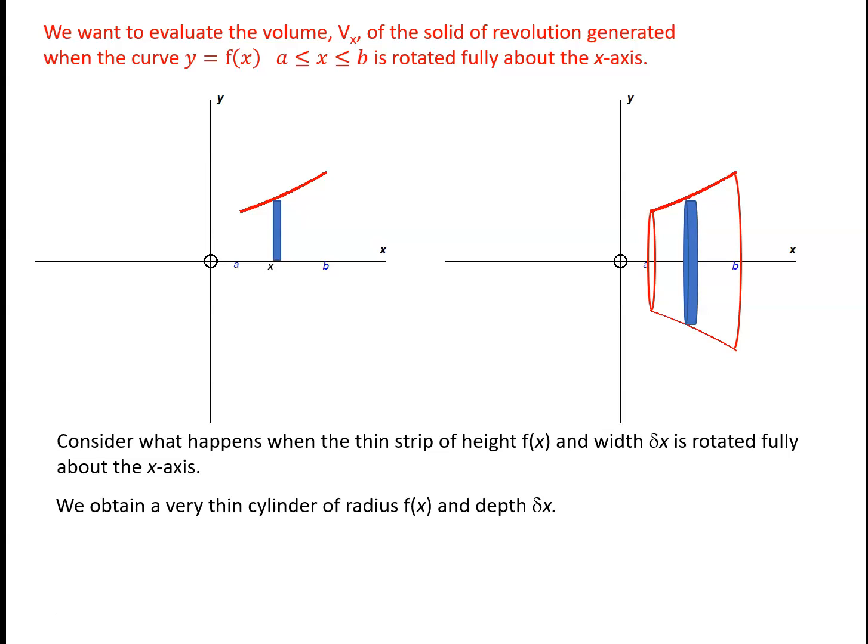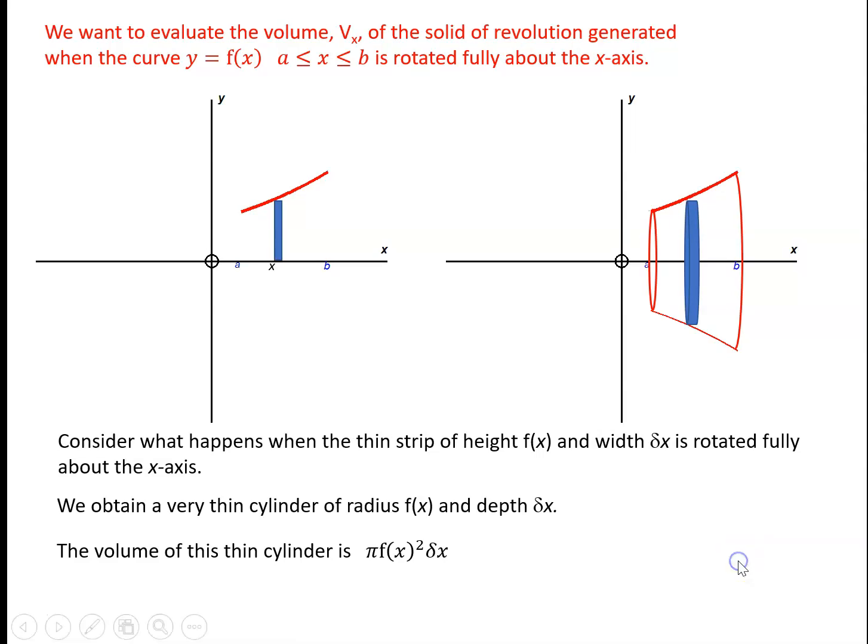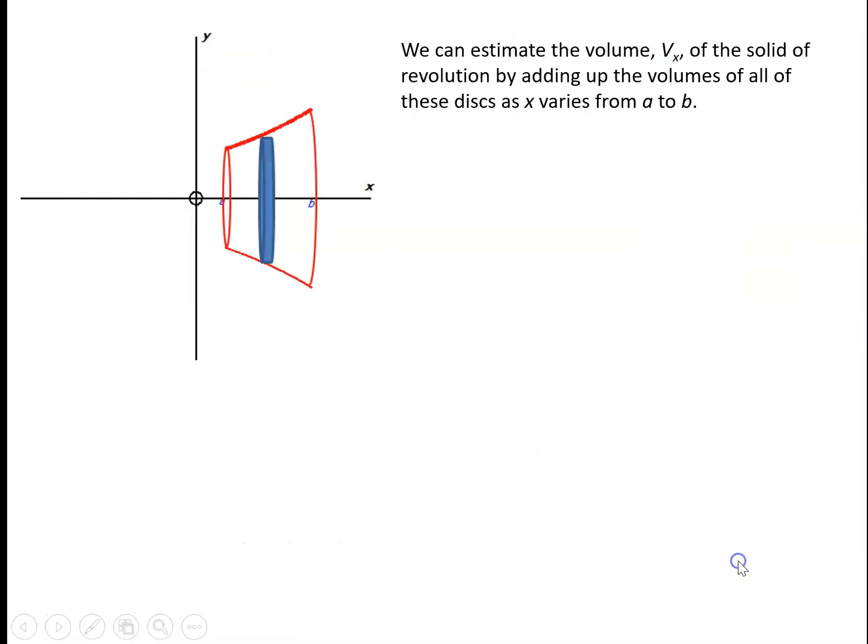Which means that it's going to have a volume of pi times the radius squared times h, so pi times f of x squared times delta x. Now, we can estimate the volume, V, of the solid of revolution by adding up the volumes of all of these disks as x varies from a to b.